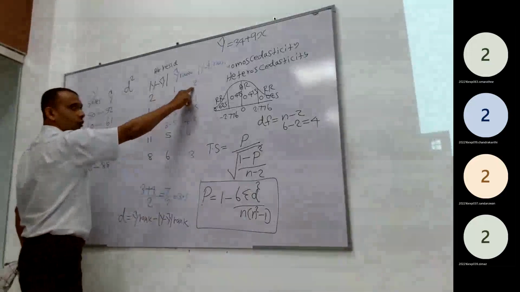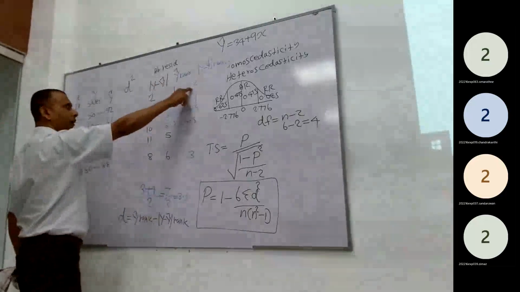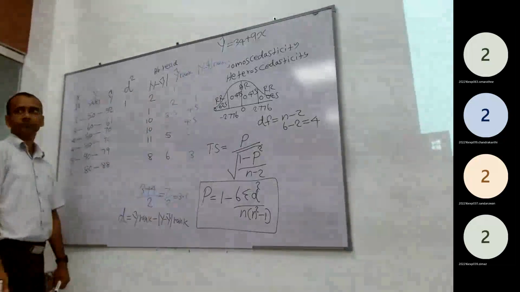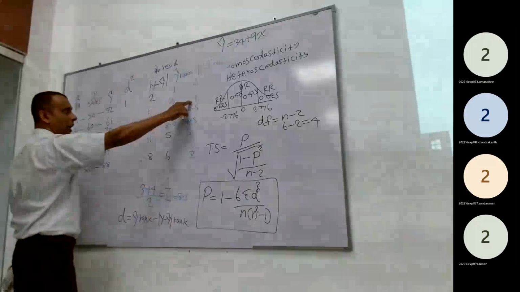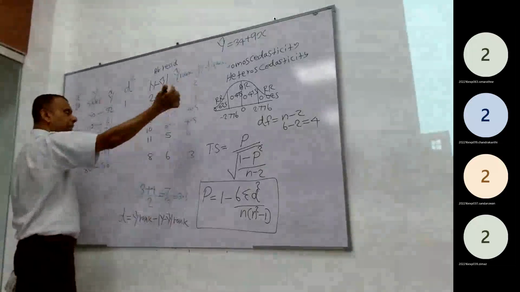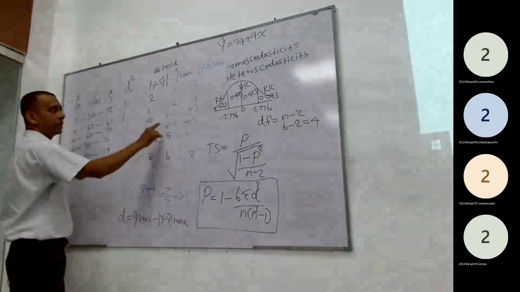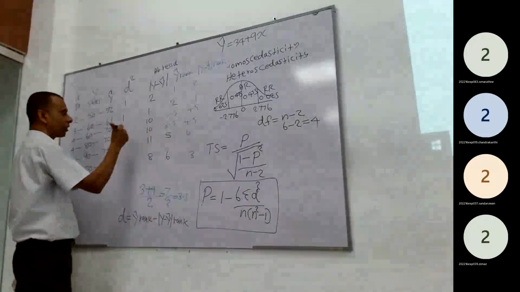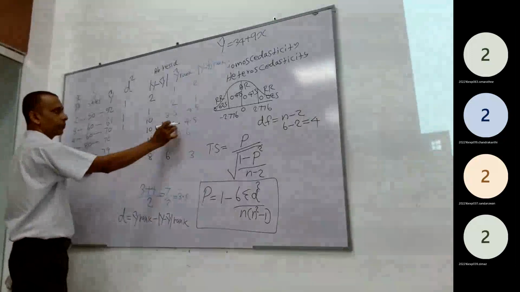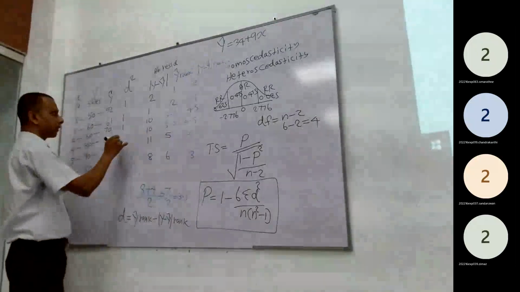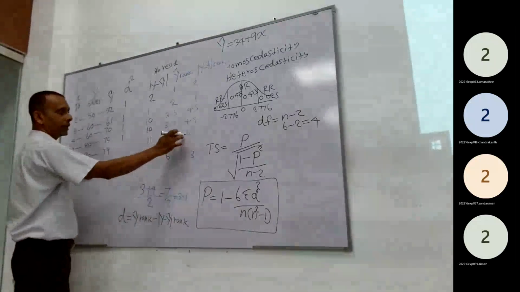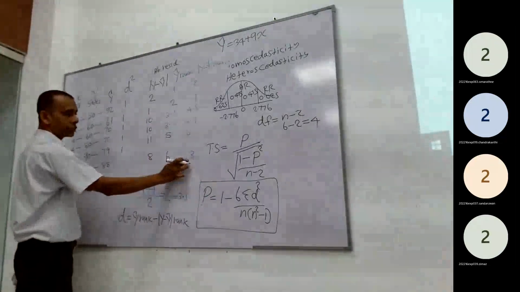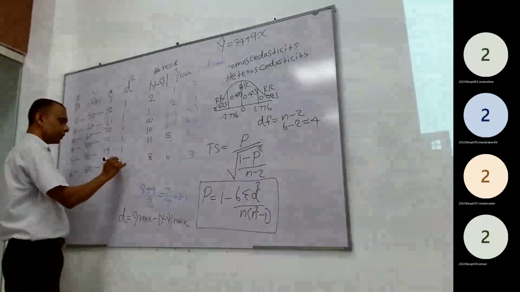1 minus 2 is minus 1, but don't worry because it's squared, plus 1. 2 minus 1, squared, 1. 3.5 minus 4.5, squared, 1. 3.5, 4.5, squared, 1. 5 minus 6, squared, 1. 6 minus 3, 3 squared, 9.